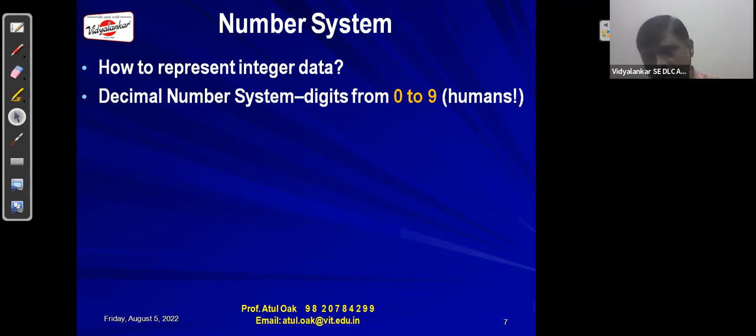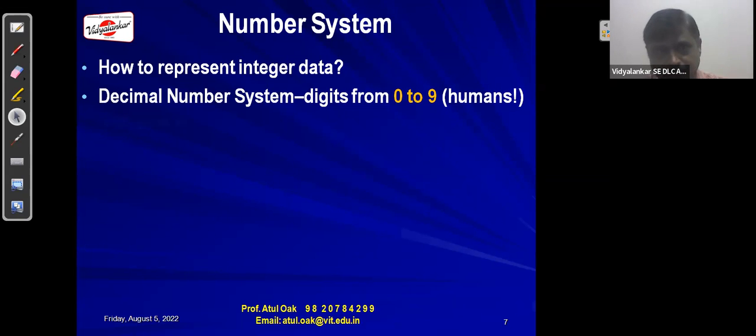The answer is, humans use the decimal number system because there are 10 fingers. Because we have 10 fingers, we can naturally count 10 different digits, 0 to 9. Nothing to everything, that is 9. So the decimal number system is so common.